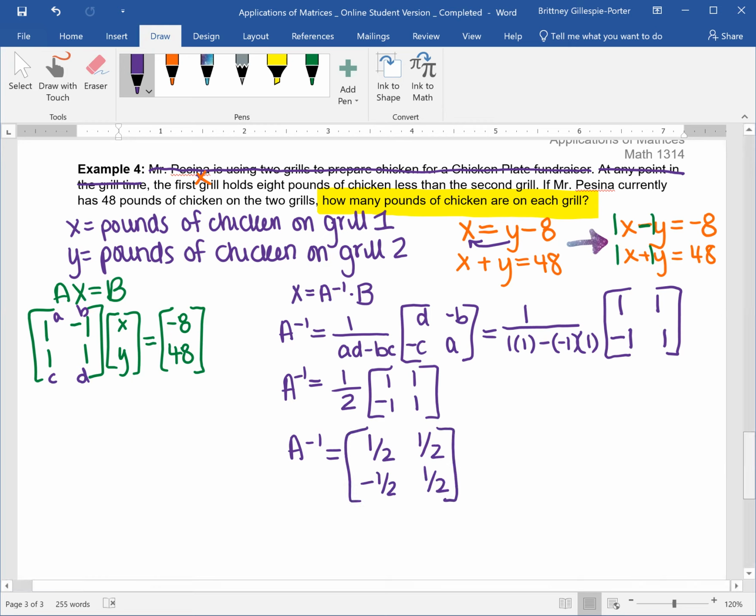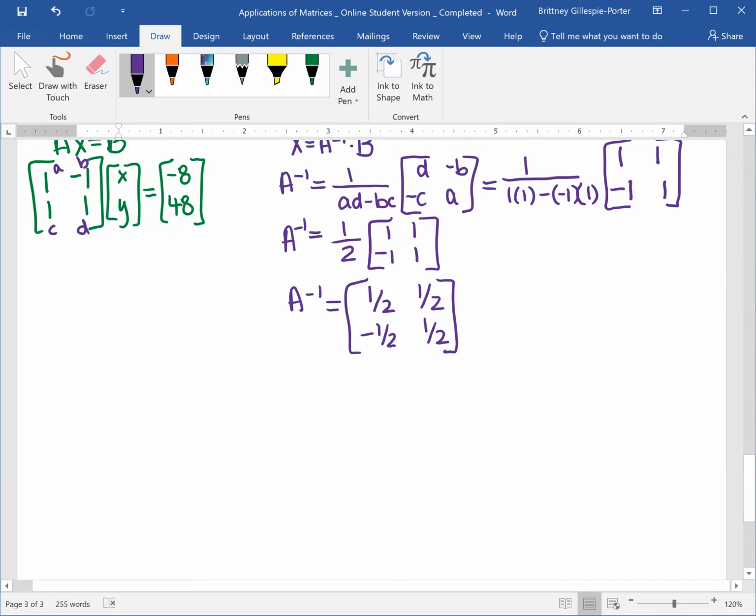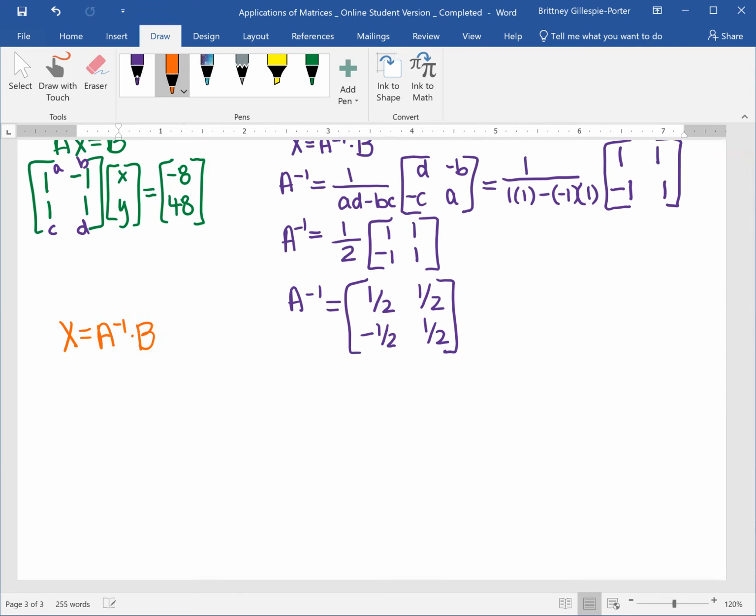And now that we have found A inverse, we can find X, because remember, X is equal to A inverse times B. We just found A inverse is the matrix with all the halves, except the bottom left is a negative 1/2.